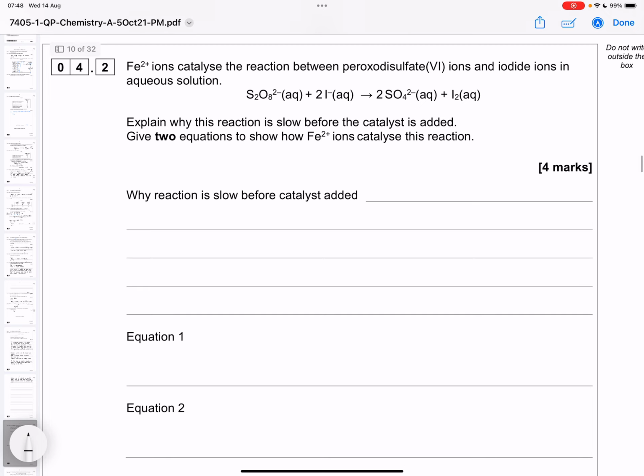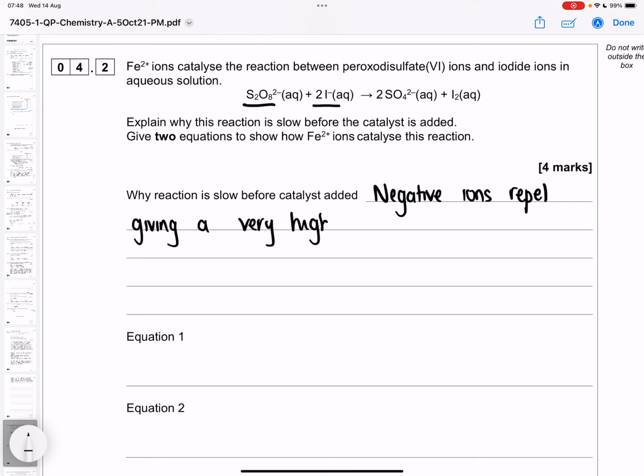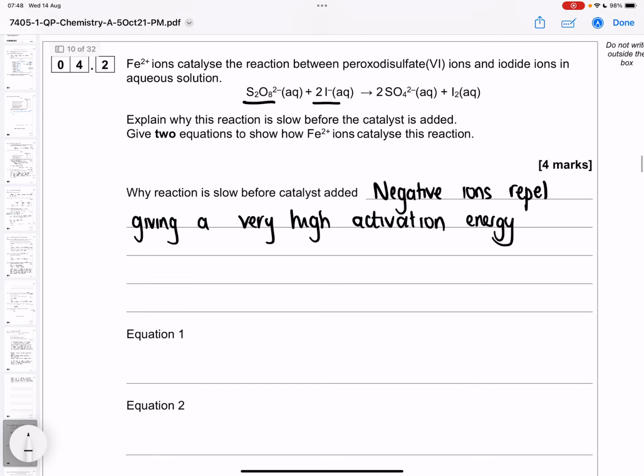Okay, so we know that this reaction is slow before we add a catalyst because negative ions repel, giving a very high activation energy.